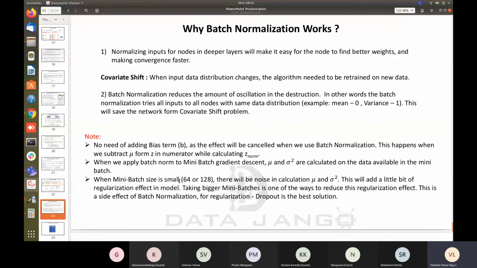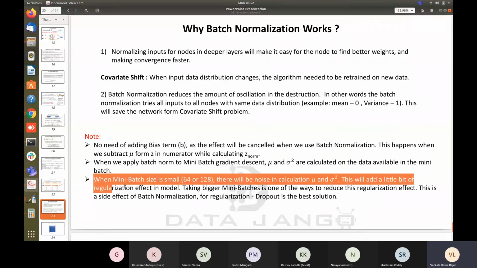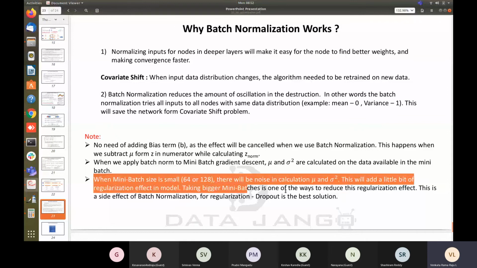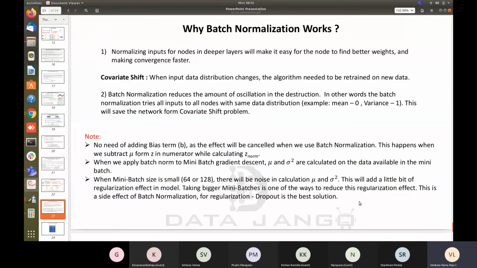That's an unexpected regularization. When I say regularization, it tries to reduce overfitting. In a way, the model works a little less accurately. The model will be a little biased.